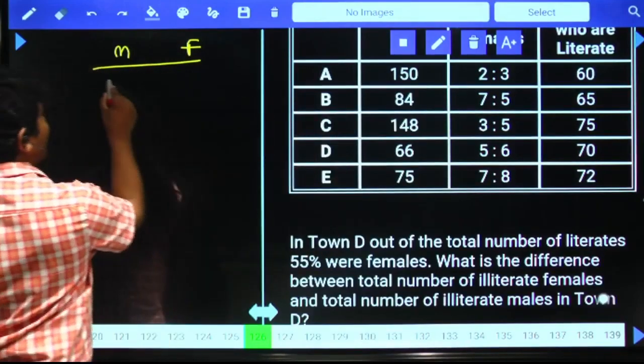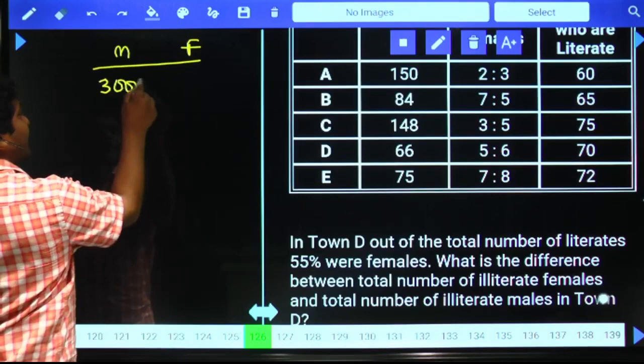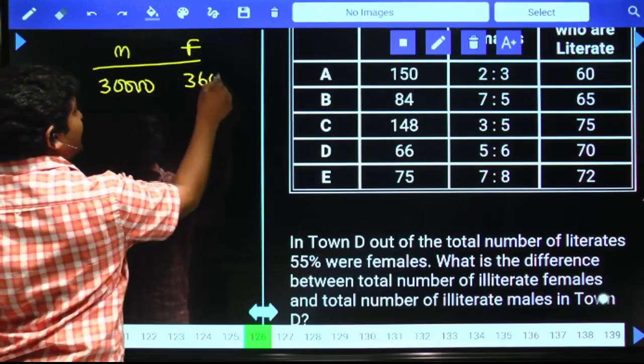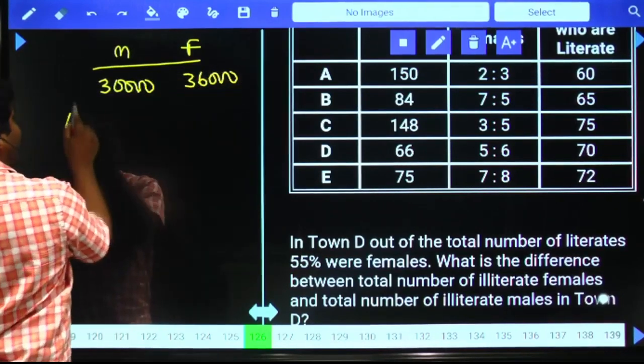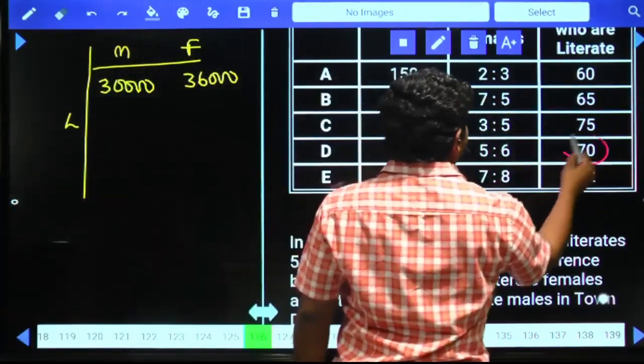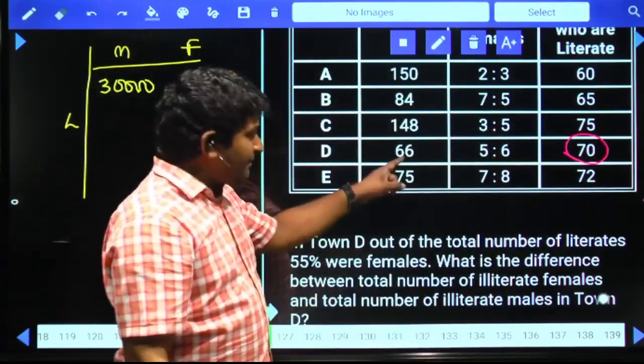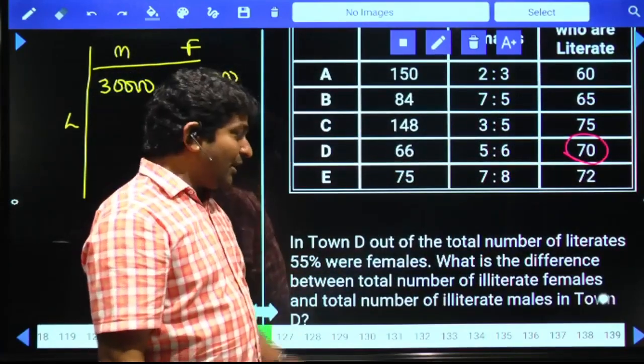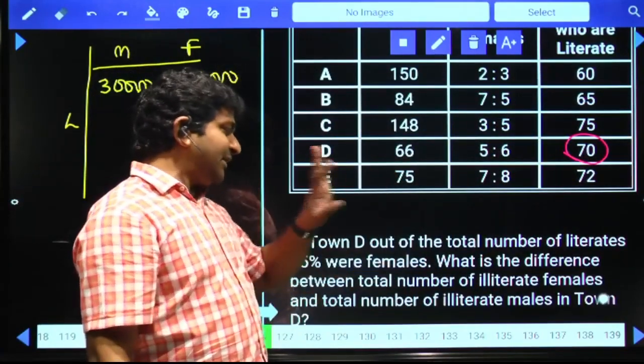Male are 30,000, female are 36,000. Out of them, literates are 70%. 70% of this number only, 66,000. Out of them, 55% are female.